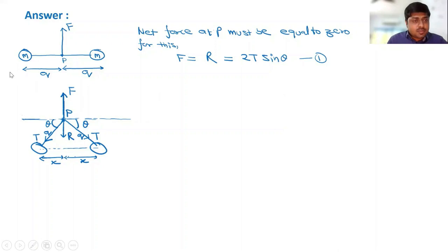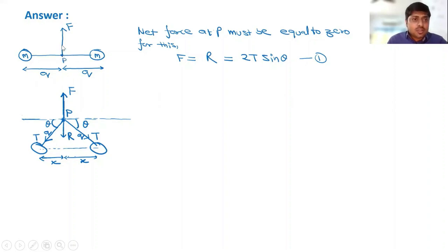So the problem states that we have two particles of mass m. One is here and another one is here. They are tied with a string, and here is the center of the string, that is say P, and the position of particles from the center is a on both the sides.